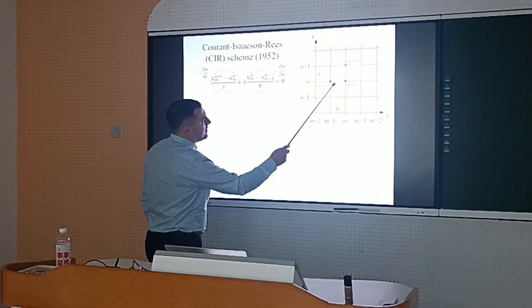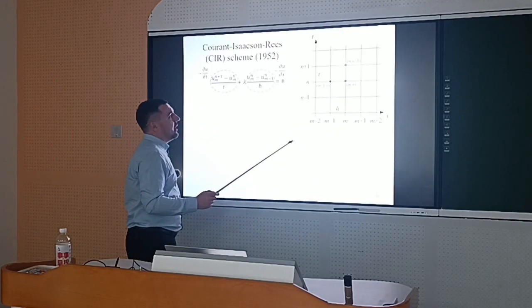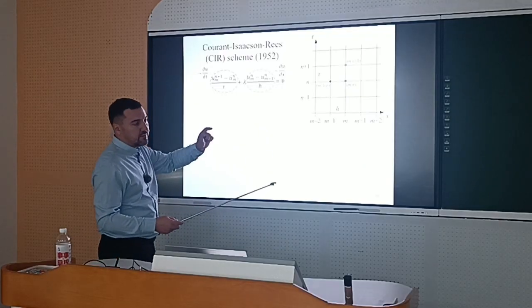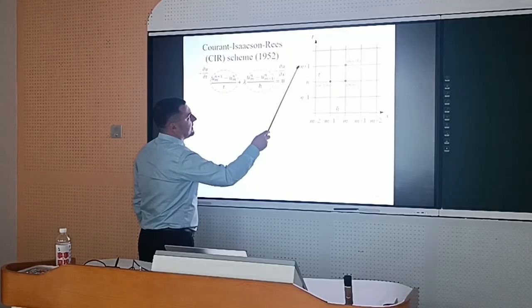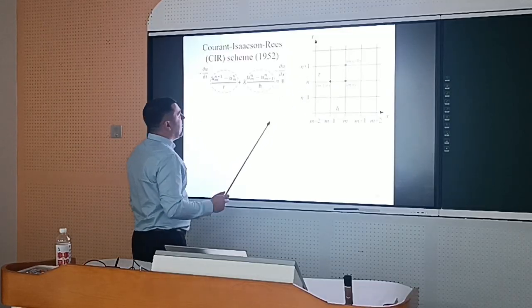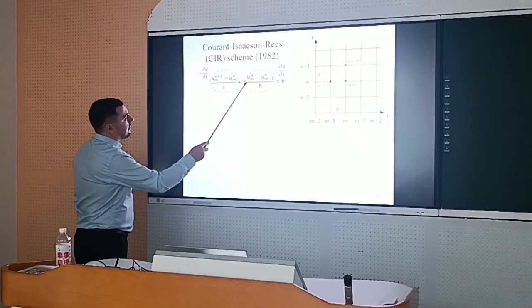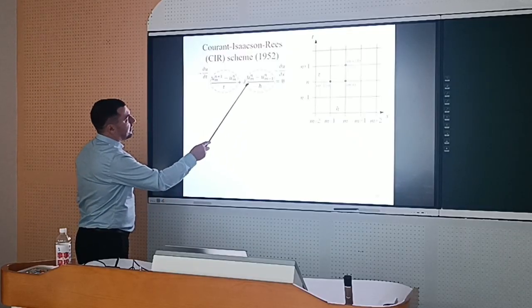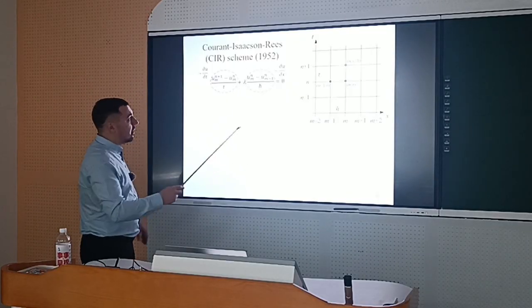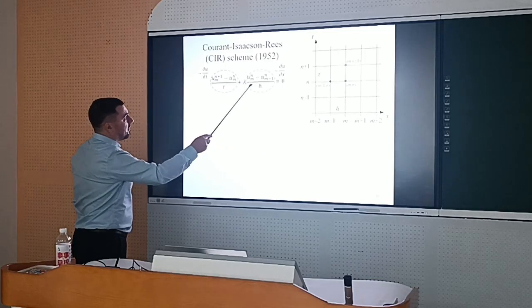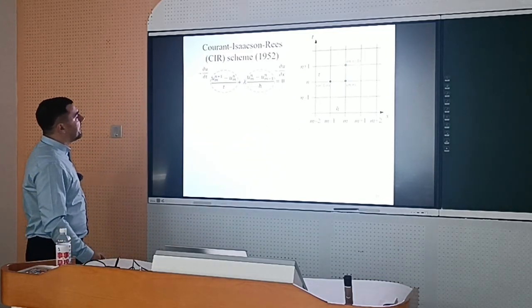So the distance between nodes in the x direction is h, and suppose we have a constant time step tau. So the distance between t_n and t_n plus 1 is tau, and so u_m^n is the grid function, where the space index will be in subscript, and the time index will be superscript. So u_m^n means the grid function at this point.